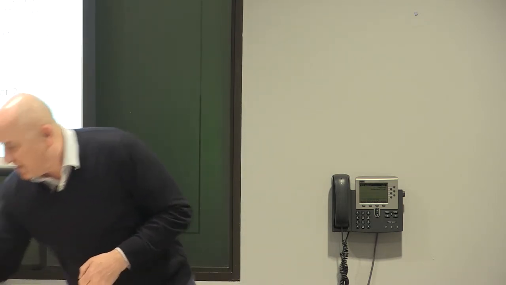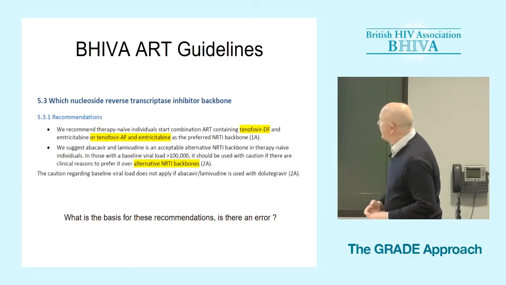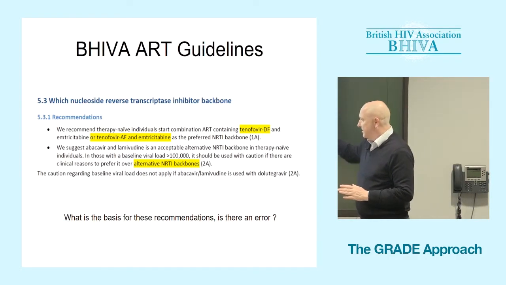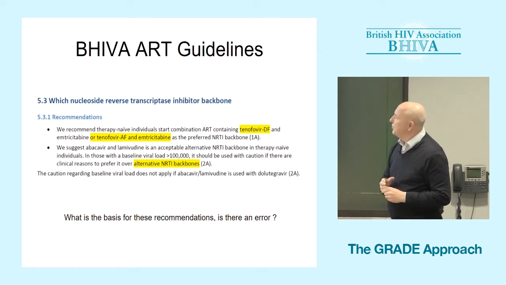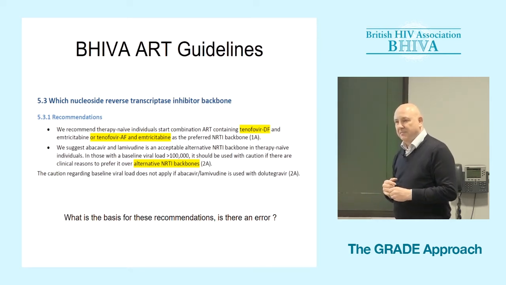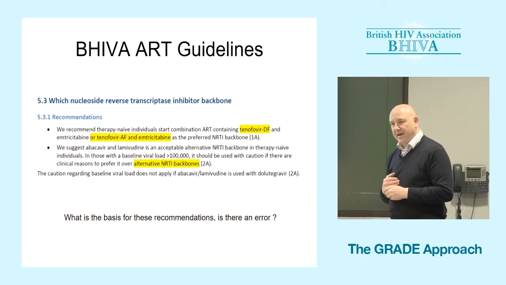But the other thing that I want to go through here, and you'll see another handout, which is a summary of findings table. And you can argue that's an error or not, maybe, but why did we come to the conclusion that at that time tenofovir and FTC was better than abacavir and lamivudine?